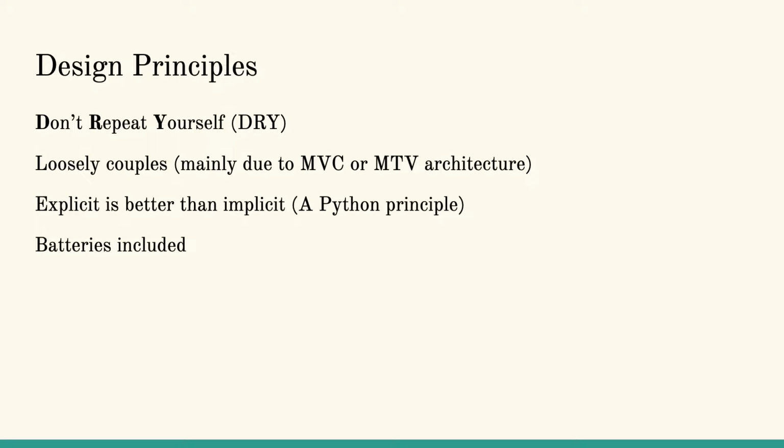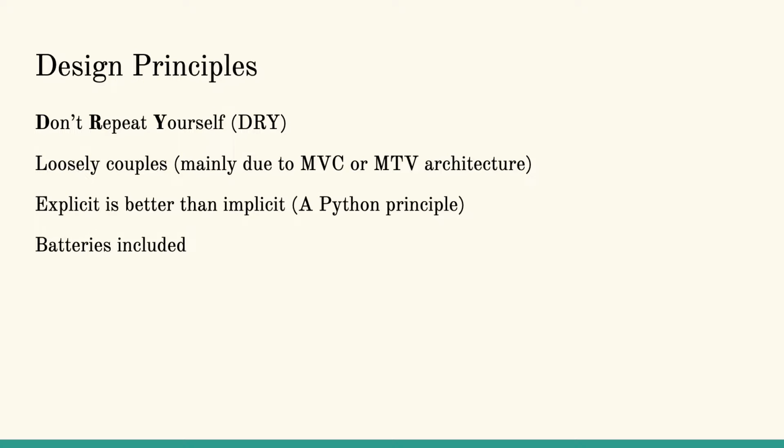For example, if you define a model of a particular object, you should not be repeating that in multiple places, such as in database queries, in your front end forms, or maybe in your controller logic, whatever it is. You should not be repeating yourself, and that's one of the principles of Django.